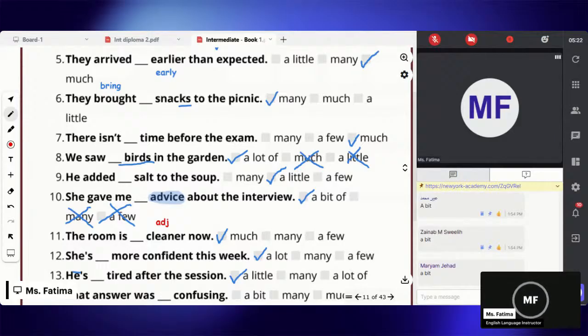Many confusing or much confusing. Yes, excellent. That answer was a bit confusing. We usually say it like that. Yes, that answer was a bit confusing. It was a little confusing. Alright, next.